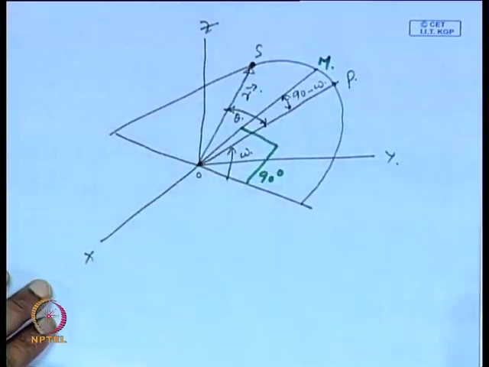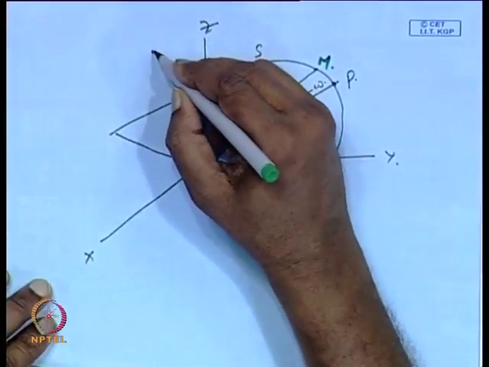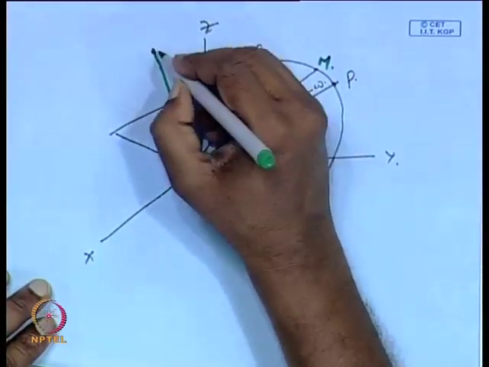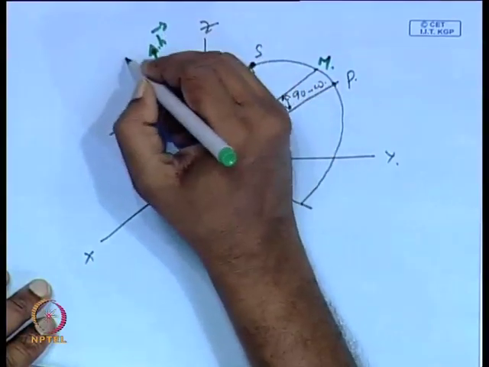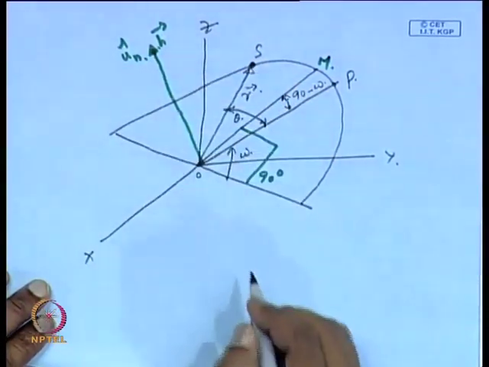This is the z axis, and we have the u n vector which is perpendicular to the orbital plane. So, this is the h vector and u n is also along this direction.